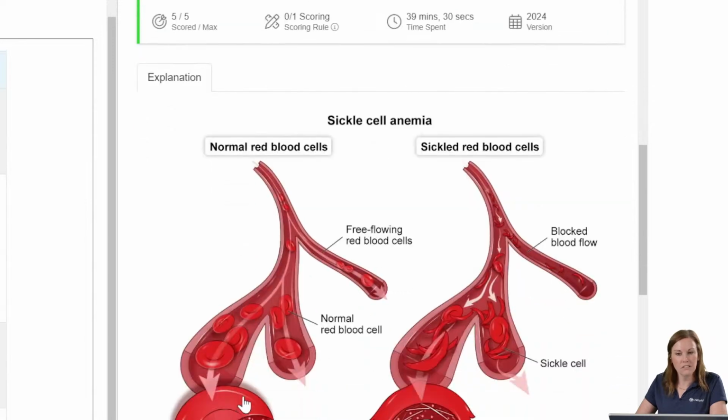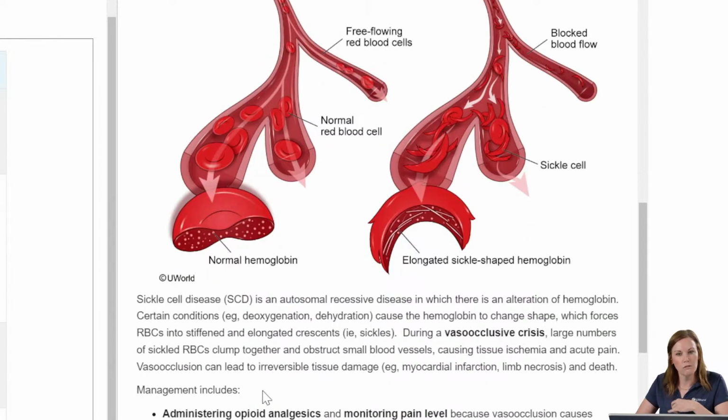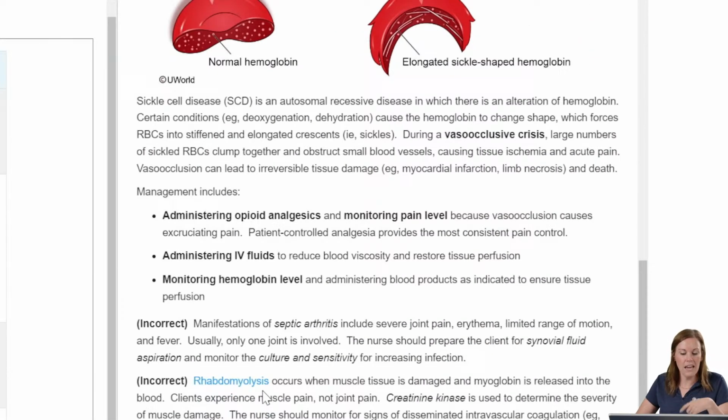But then again, we have a really great image up here of sickle cell anemia and what really happens with it. So again, you can see those cells in sickle cell anemia, they are crescent shaped. So whenever we get dehydrated, they're going to clump and they're going to cause decreased perfusion. So what we have in here in terms of what we're going to do for a client, we're going to help them with their pain. We talked about this. We're going to give them opioids for that pain.